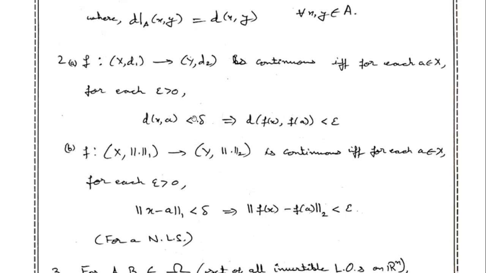Most books actually ignore d1 and d2. They start by writing X to Y and put d here also, and they say that d has its own meaning in their own metric spaces. That means if the points are from X, then d is d1, and if the points are from Y, then d is d2.